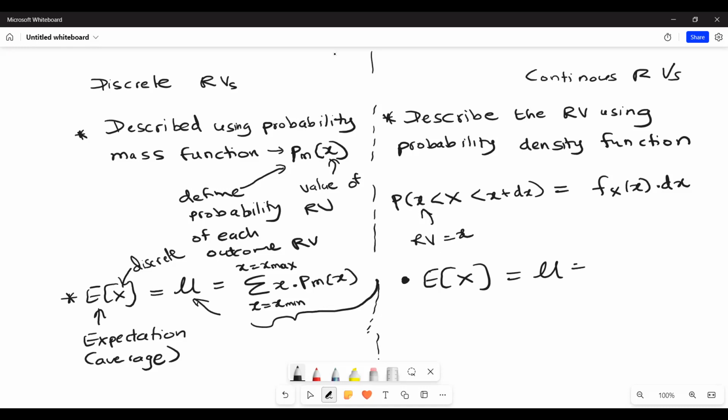And then for the continuous random variable, the x value is varying from the x min value up to the x max value, and the integration should happen over x times f(x) times dx.